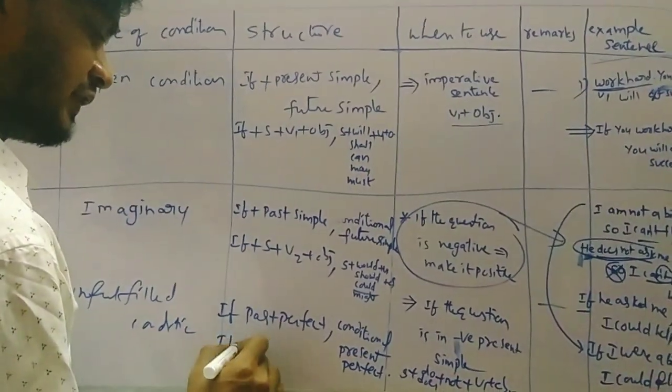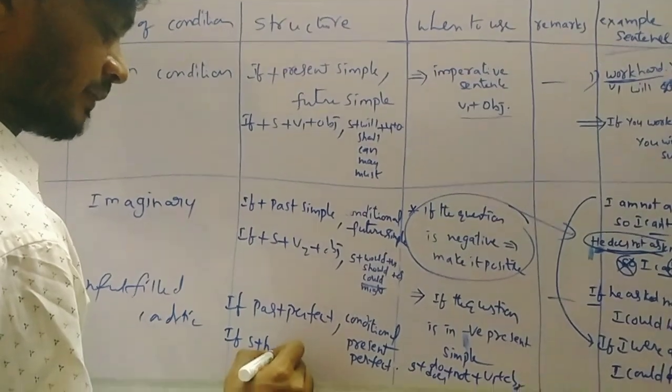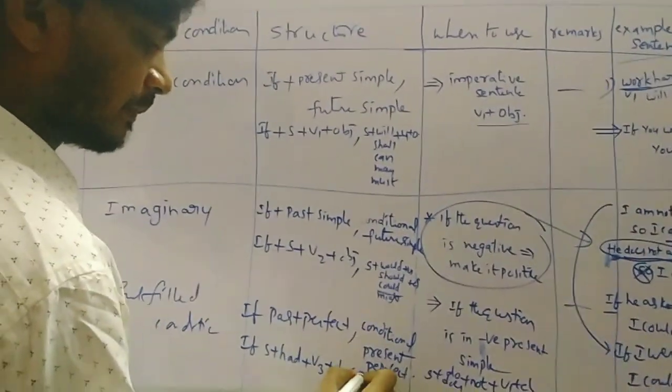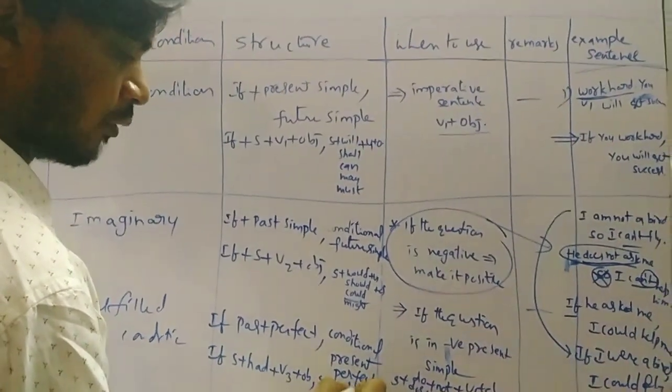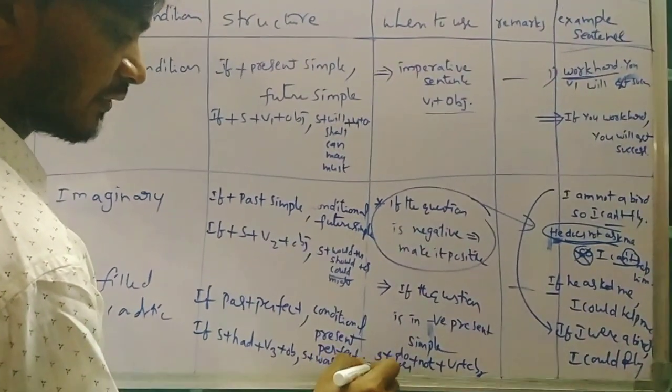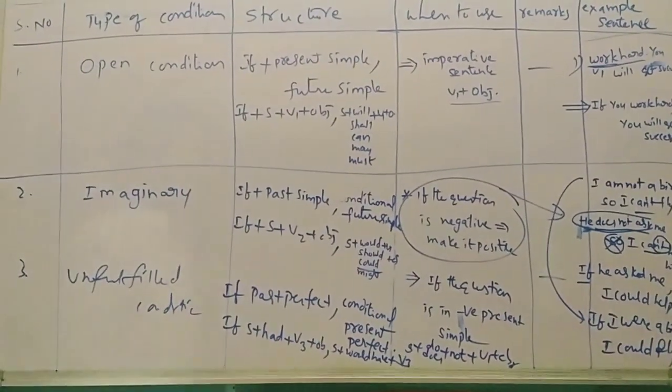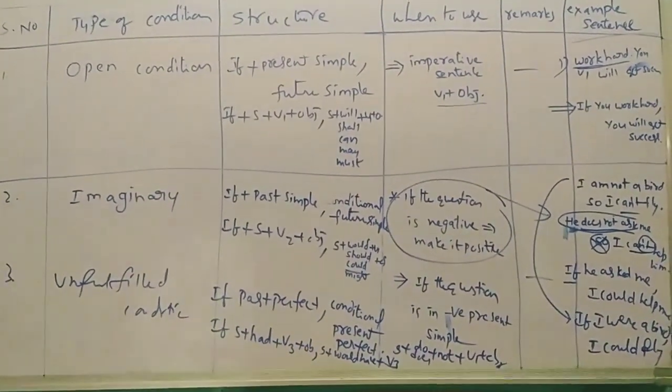For example, see here: if plus subject plus had plus V3 plus object, subject plus would have plus V3 plus object. Would have, should have, could have, might have plus V3 plus object.